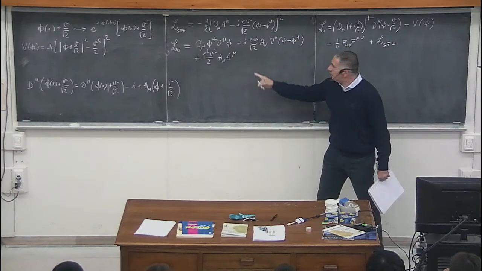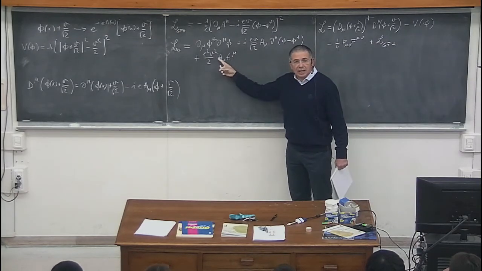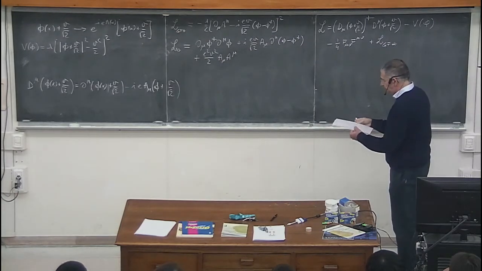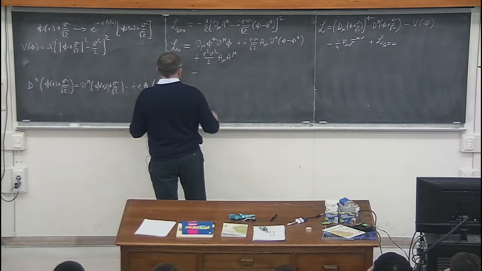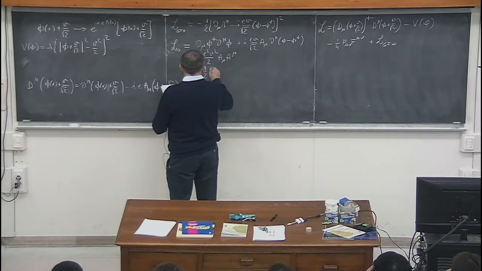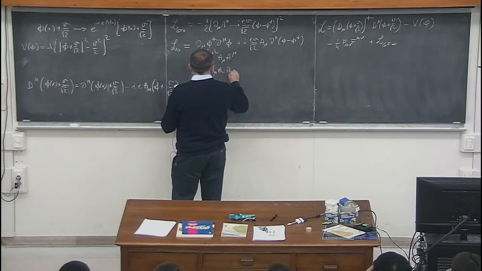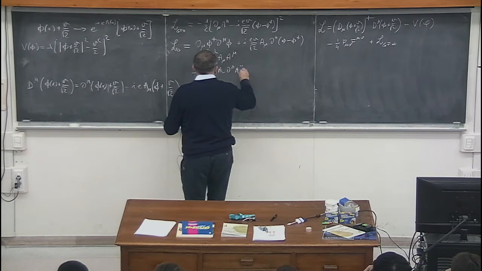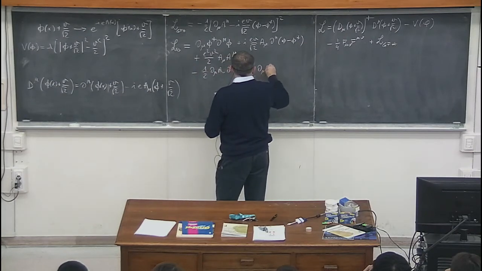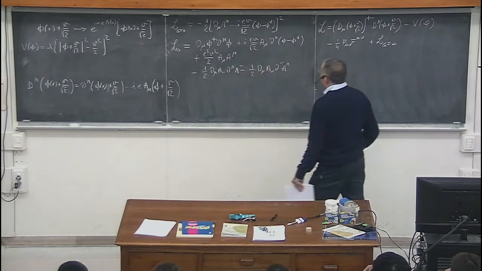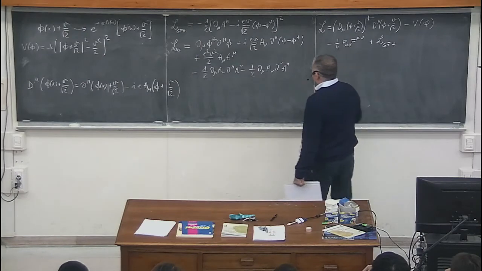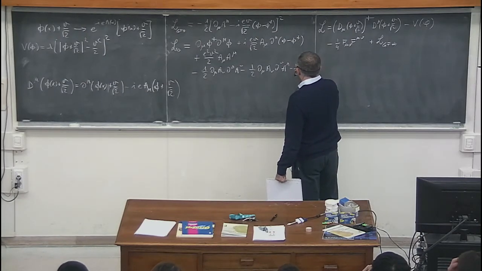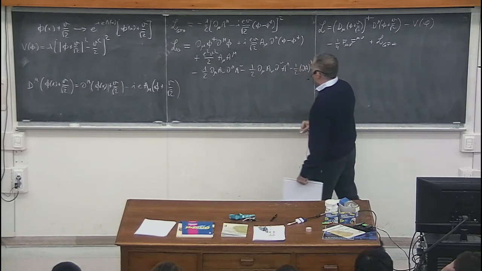And this is a mass term for the vector boson, a constant times A mu A mu. Then I have the derivatives of the vector field, 1/2 d mu A nu d mu A nu minus 1/2 d mu A nu d nu A mu. And there is another term proportional to the derivatives from the gauge fixing term, which is minus 1/2 (d A) squared.